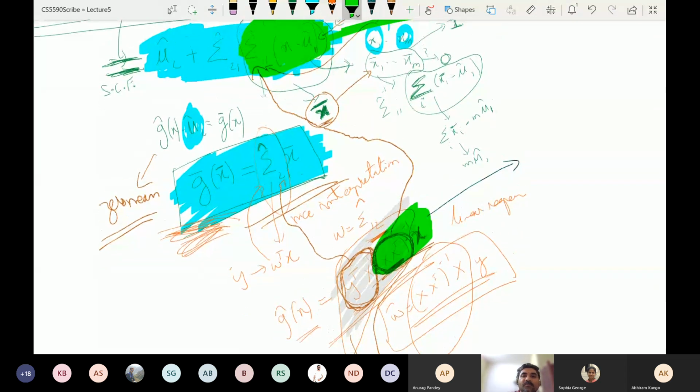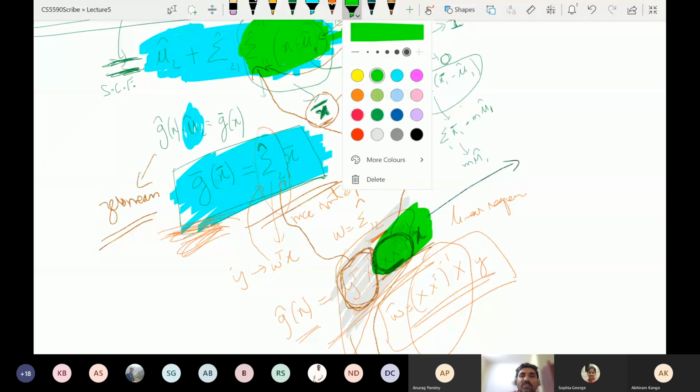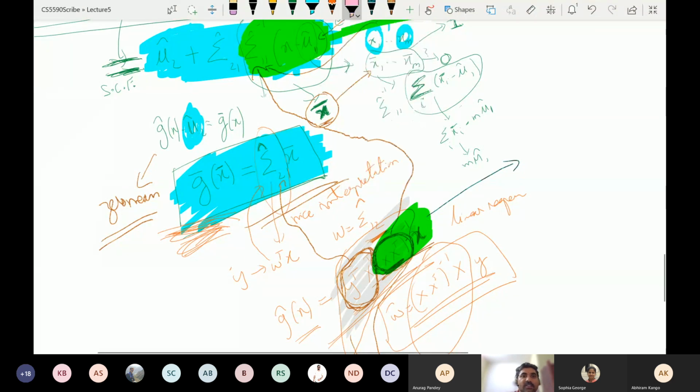And secondly, let me use pink. Okay, this pink is okay, I think.